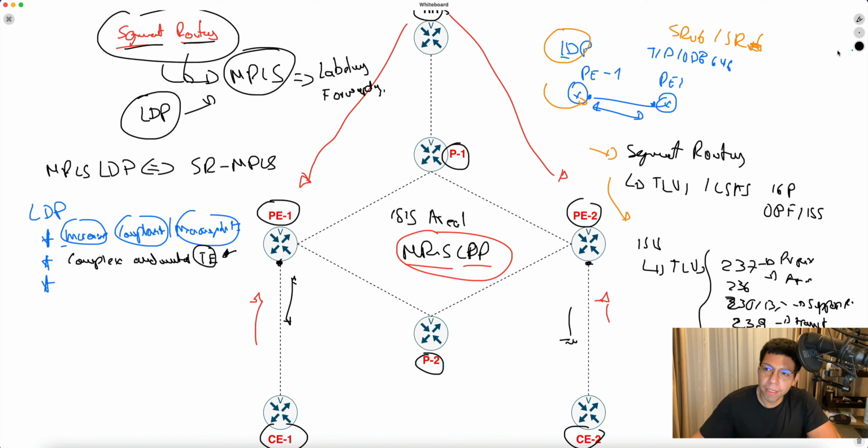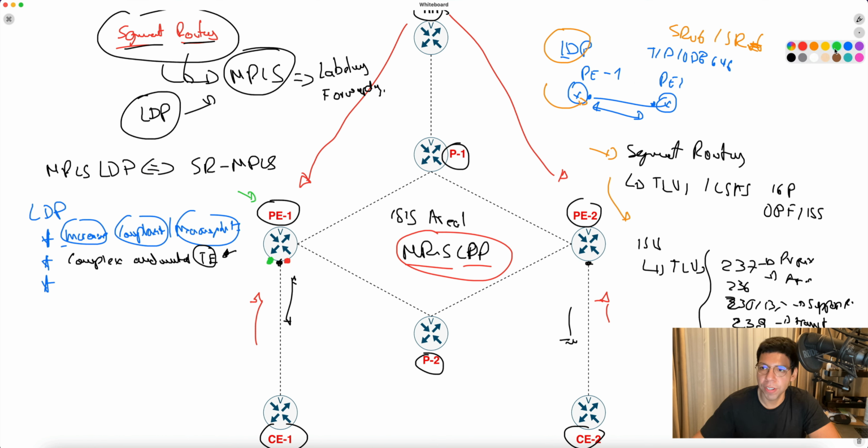And another important thing is that it's quite complex in LDP, using MPLS traffic engineering tunnels, to create a specific policy per service. Meaning that, for example, if you have in this router, let's take an example, P1, a VRF green and a VRF red.